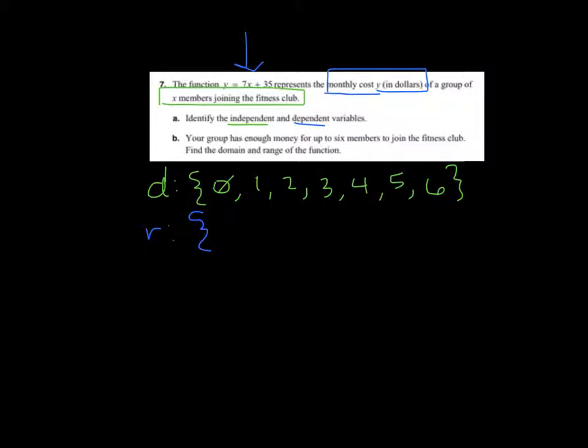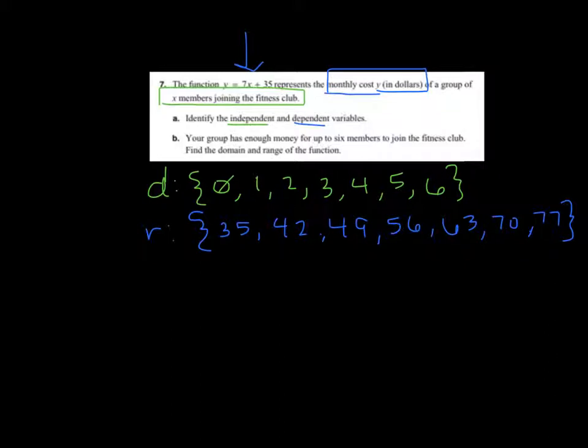Now I can see that 0 is paired with 35, 1 is paired with 42, 2 is paired with 49, 3 is paired with 56, 4 is paired with 63, 5 is paired with 70, and 6 is paired with 77. So that would be the range that goes with this.